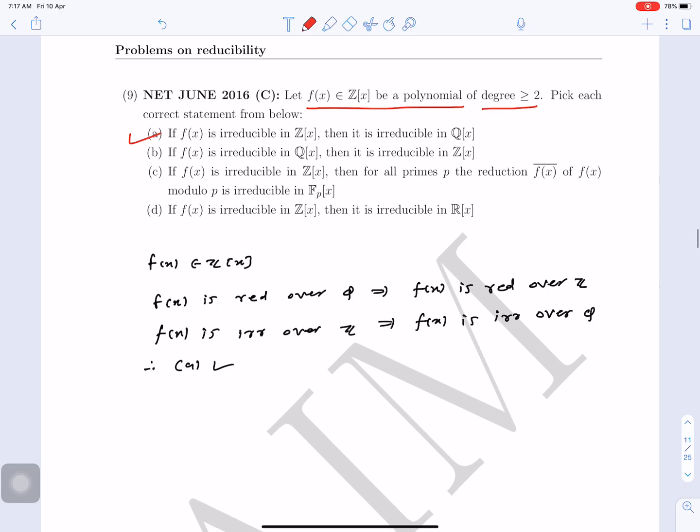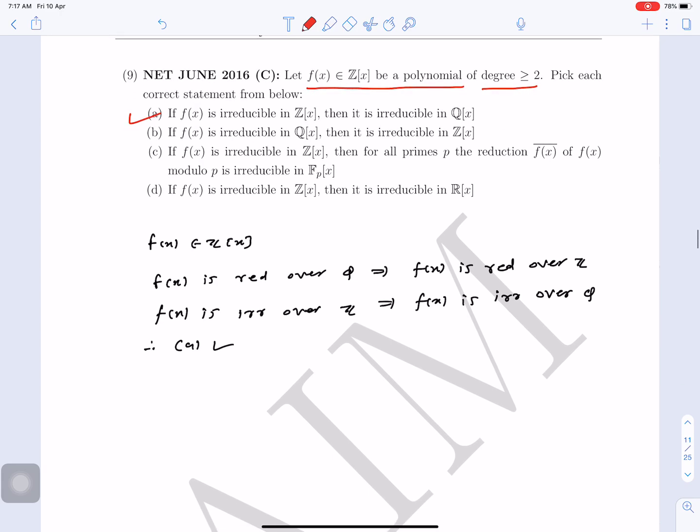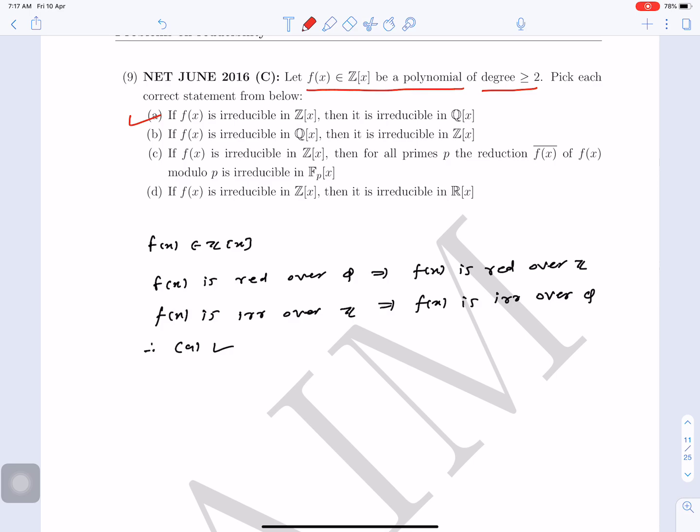Now about option B, if f(x) is irreducible in Q, then it is irreducible in Z. For that option B we have this: you take f(x) is equal to 2x squared plus 4, which belongs to Z[x]. Then it is 2 into (x squared plus 2).